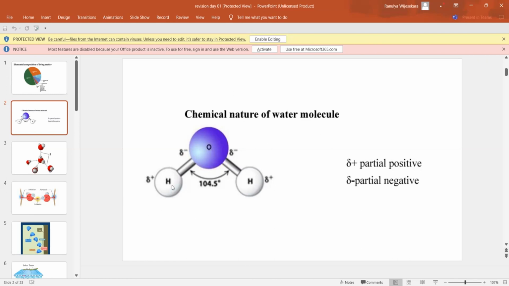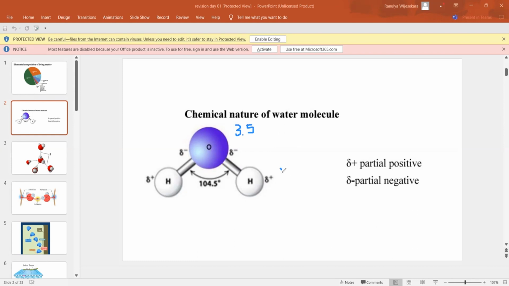So this is an angular molecule. What are the elements? Oxygen and hydrogen. Two hydrogen atoms are bonded to one oxygen atom. Now, according to the Pauling scale, what is the electronegativity of oxygen? Send your answers through the chat, right? 3.5.